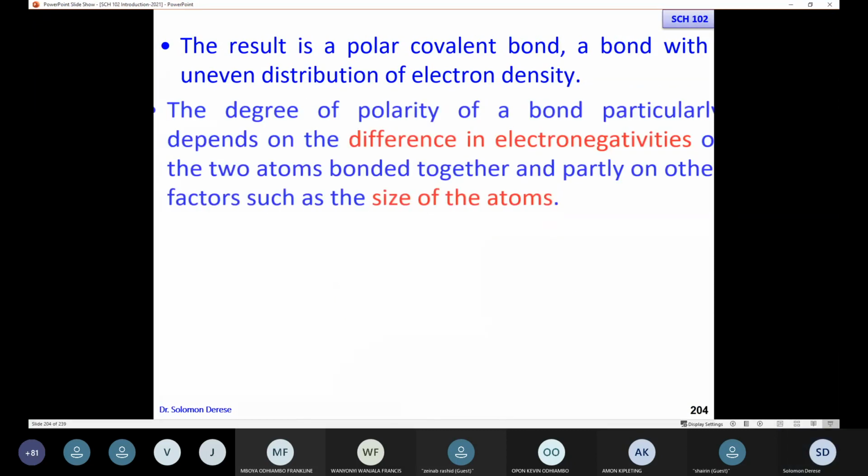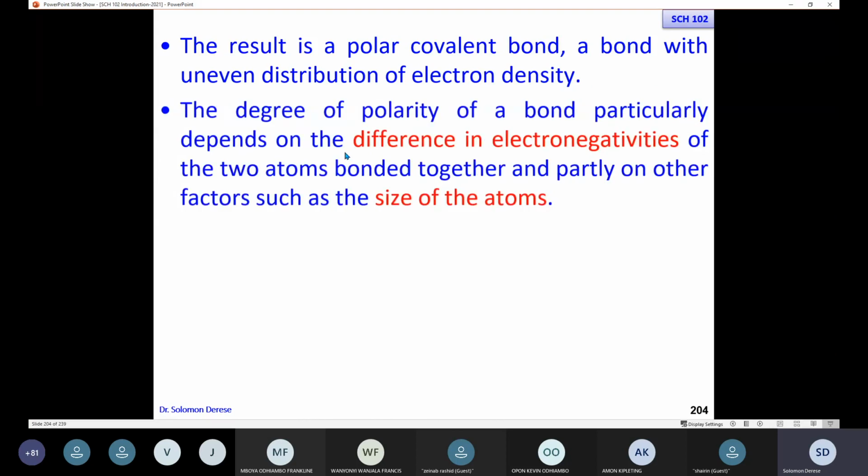So the degree of polarity of a bond particularly depends on the differences in electronegativity of the two atoms bonded together. The most important factor that determines the polarization of a bond is the differences in terms of electronegativity between the atoms that are involved in covalent bonding. The more the difference, the more polarized the bond.